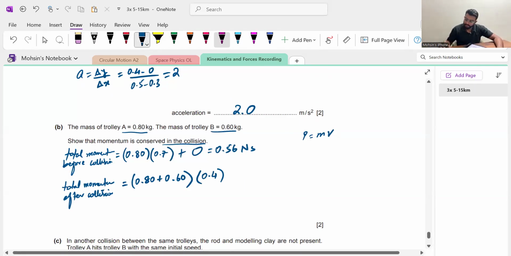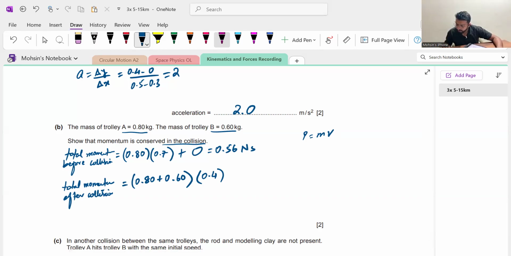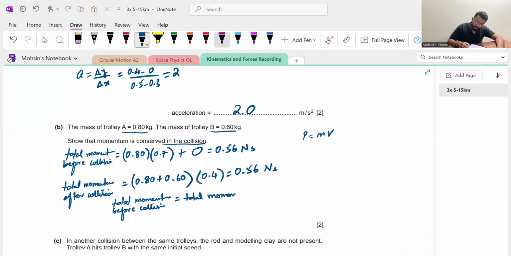So 0.8 plus 0.6 multiplied by 0.4. Yes, I'm getting 0.56 again. So total momentum before collision is equal to total momentum after collision.